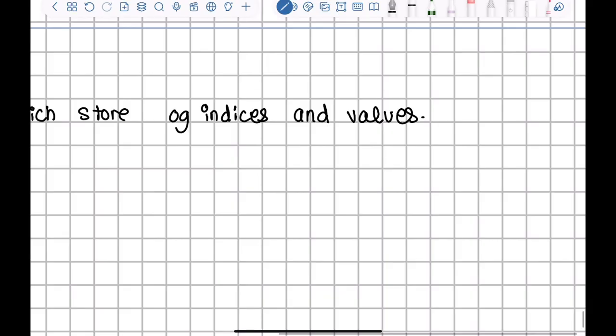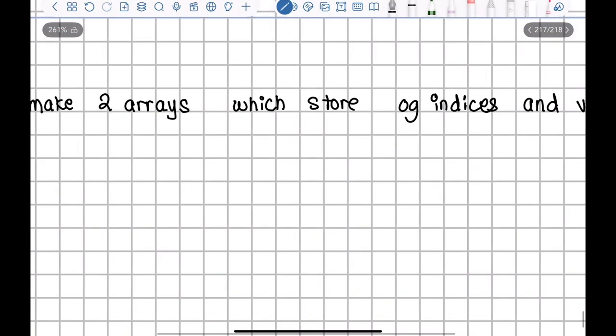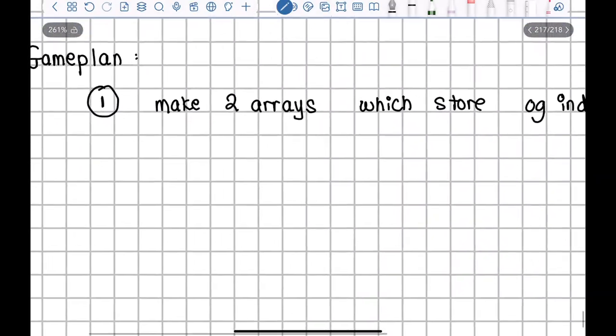We need that. We need two arrays which store the original indices and values, because that is what we inherently need, right?